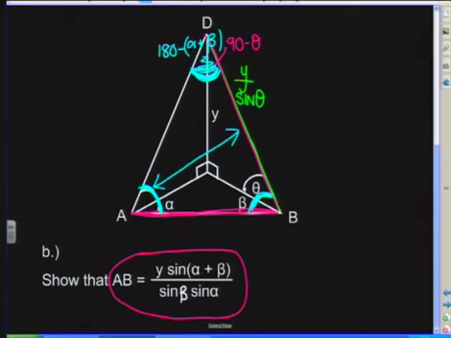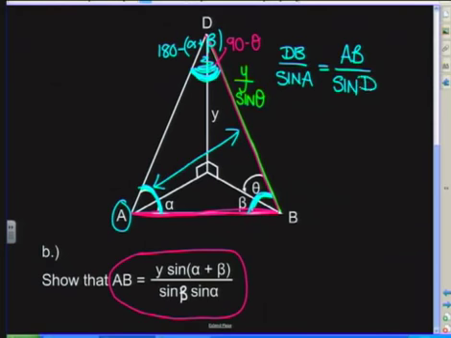So there again, guys, we've got our sine rule. So what are we going to do? We're going to take the length of DB, and we're going to put it over sine of angle A, that's the angle opposite it, and that's going to be equal to AB over sine of the big angle D. So what have we got?